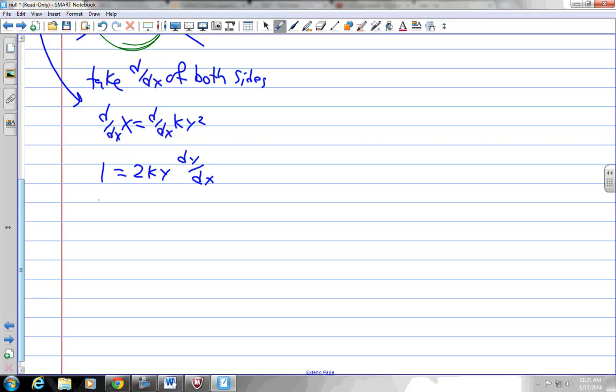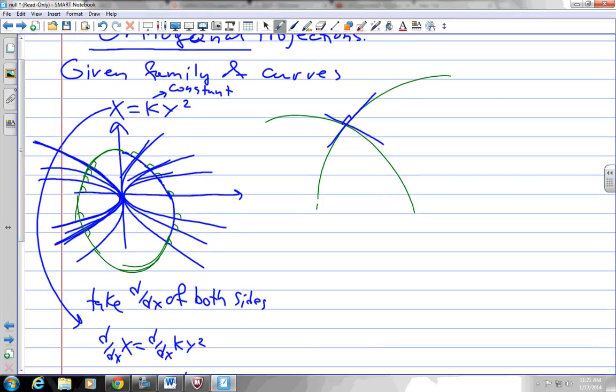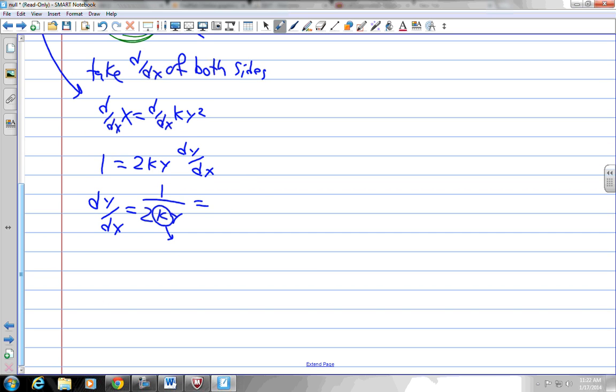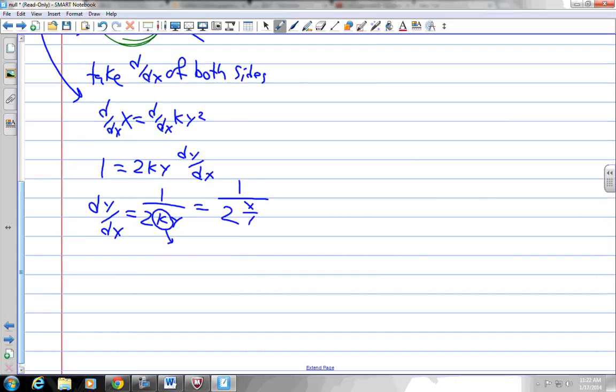We'll just solve for dy/dx. So dy/dx equals 1 over 2ky, right? I can actually get rid of that k right now, because I can solve for k. In this case, what is k? If I solve for k, it's x over y squared, and I can use that to get rid of k.